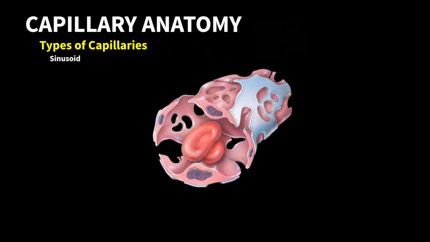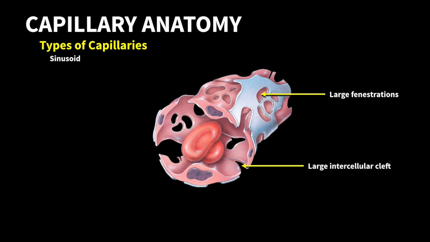Sinusoids are the largest and most permeable of the capillaries. They have large fenestrations in their plasma membranes, large intercellular clefts between neighboring endothelial cells, and incomplete basement membranes.